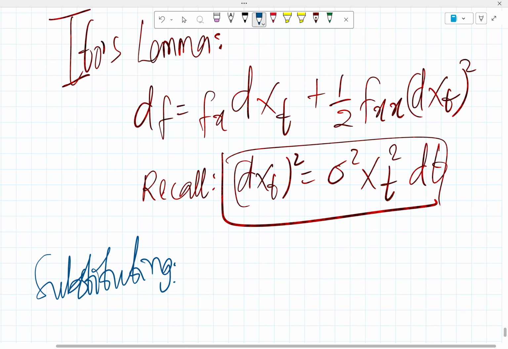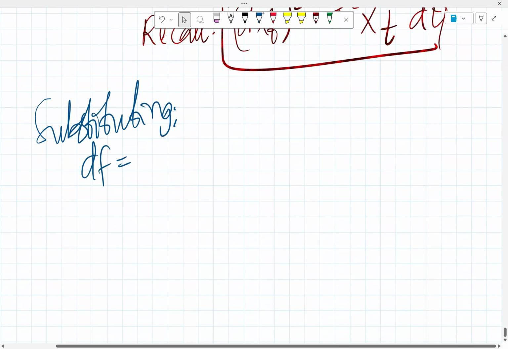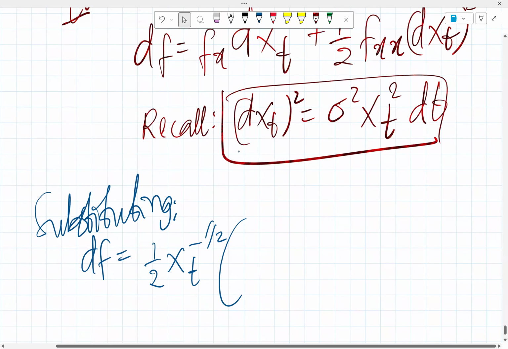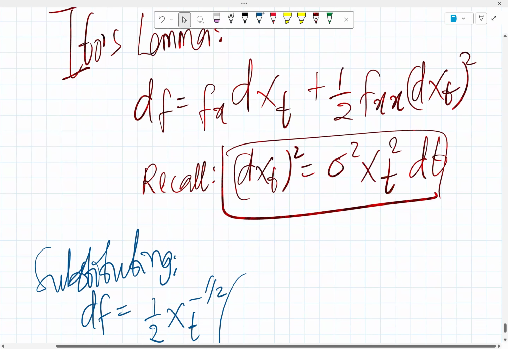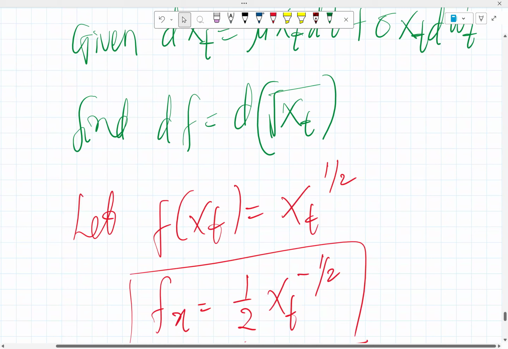Substituting, we simply have df now equal to f_x. Don't forget f_x is half x_t raised to the power minus half. That's df into dx_t. So dx_t, of course, was given from the outset, mu x_t dt.